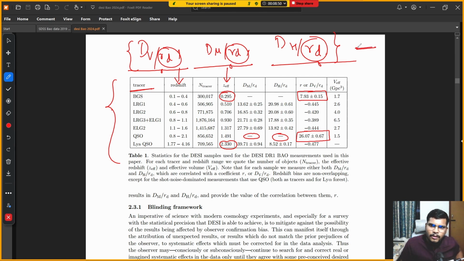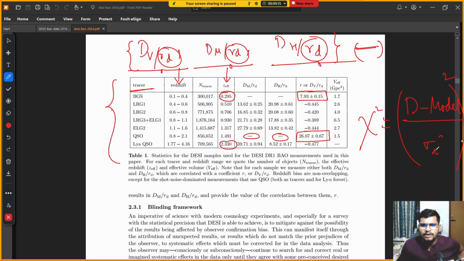Now I have to assume a model, construct a model, and then, using our parameterization technique, calculate this dv over rd and take the difference. The way we calculate chi-square is the data minus the model at a certain redshift, over sigma i, and then we take the square. So what is sigma?